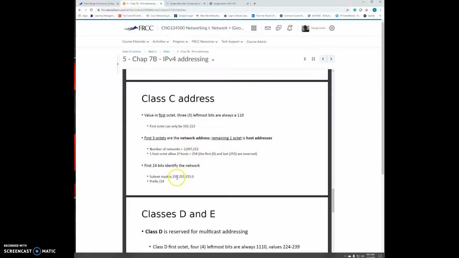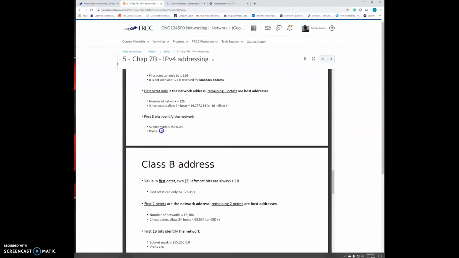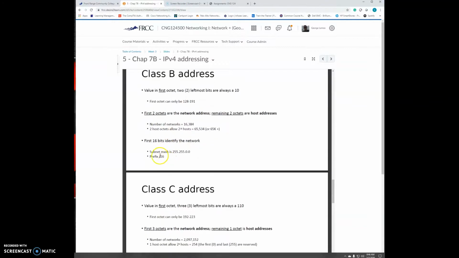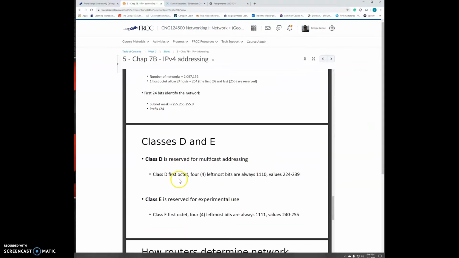The subnet mask then is 255.255.255.0 with the prefix /24. If we look back, the prefixes are really just counting the number of bits that are being used. So if you look at Class A, we use that first octet. All those bits belong to the network. Class B, 16 bits belong to the network. Class C, 24 bits belong to the network, with 8 belonging to the host.